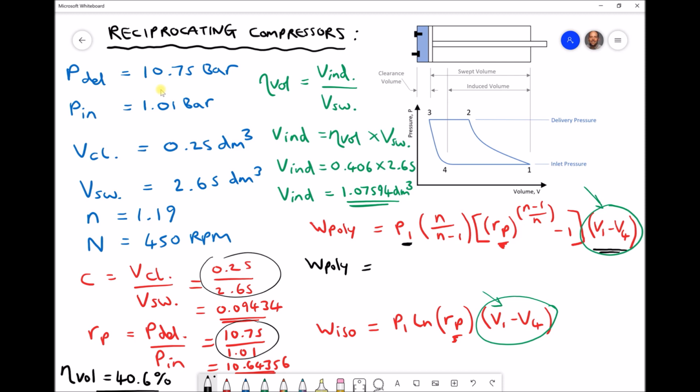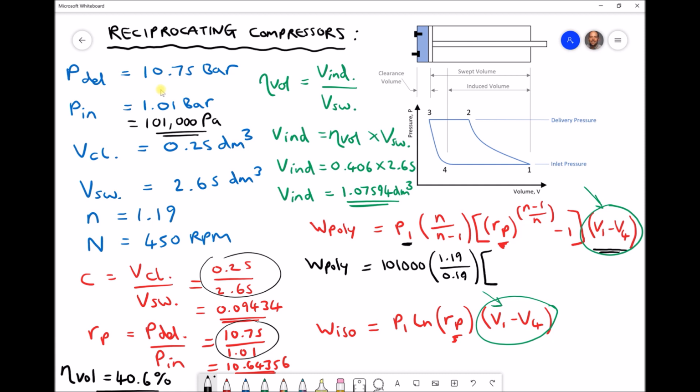Recall that to get from bar to pascals, we multiply by 100,000, or times 10 to the 5, meaning P in pascals is 101,000, and that corresponds with atmospheric pressure. So we have 101,000, n over n minus 1, where n is 1.19, so n minus 1 is 0.19.